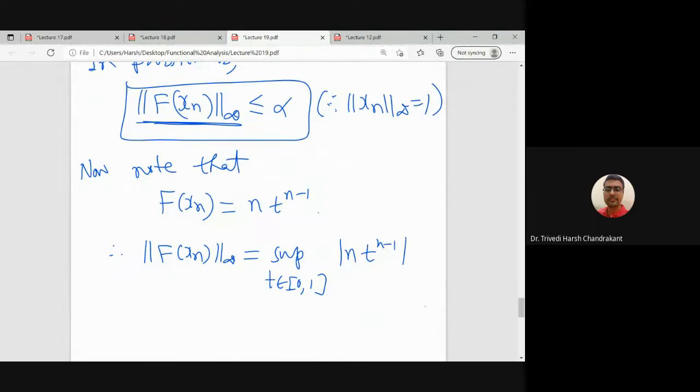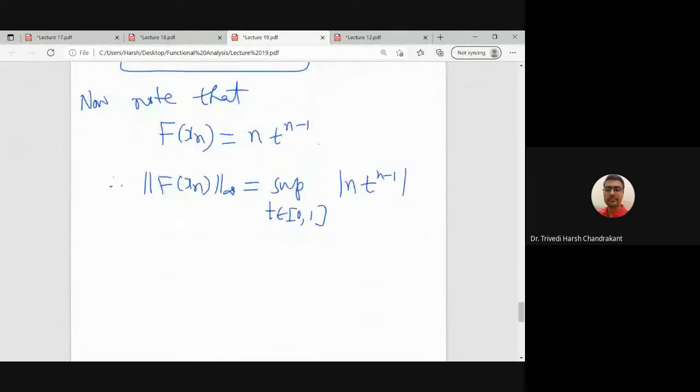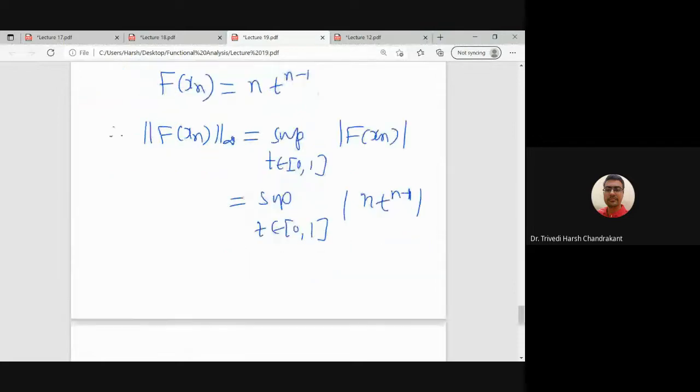So if you want, we can write one more step. This is the norm of f xn, and that is the supremum of n times t power n minus 1. Right. So now n does not depend on t. So we can take n outside because n is a natural number. So it will come outside the supremum.